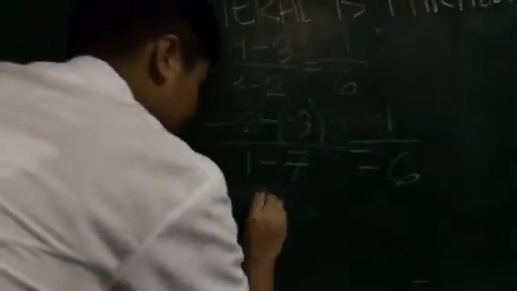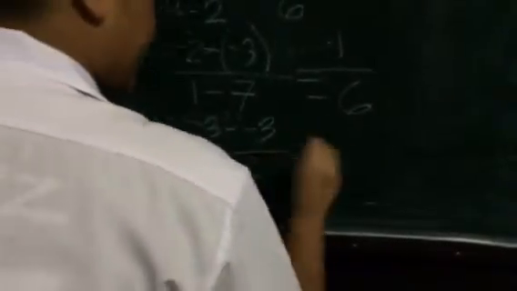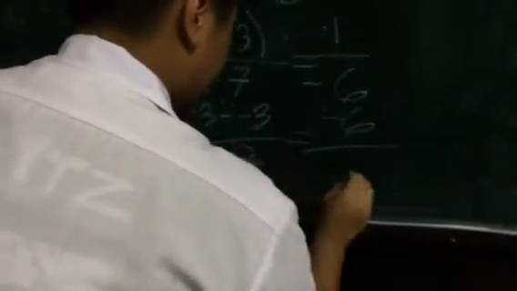Let's proceed to KN: -3 minus -3 and 1 minus 2. The answer is -6 and -1, or 6.